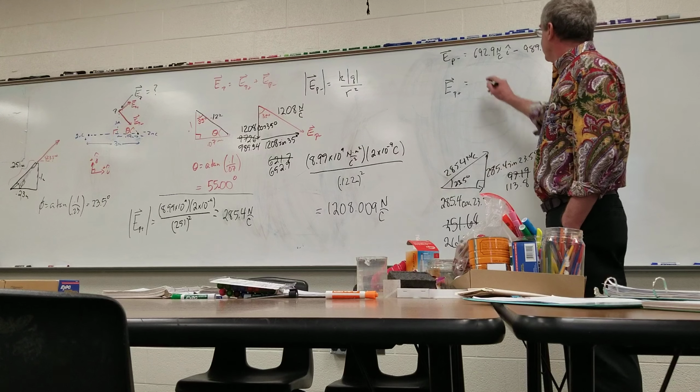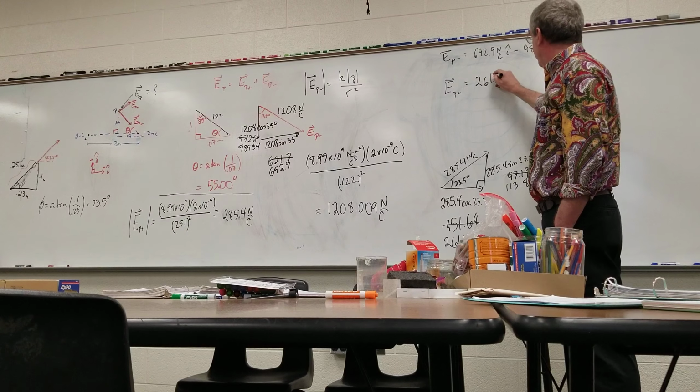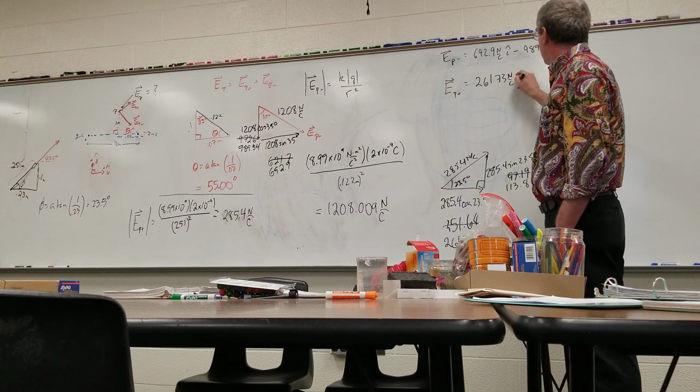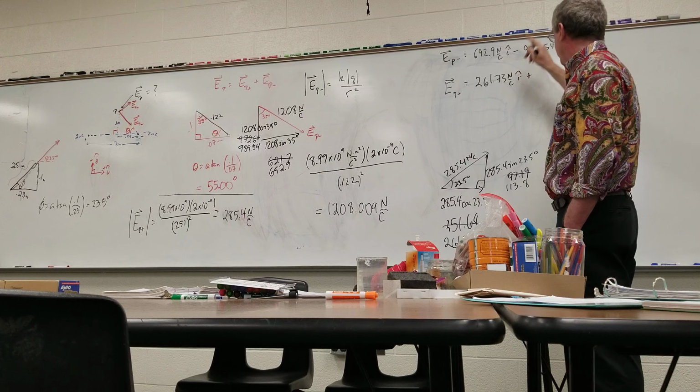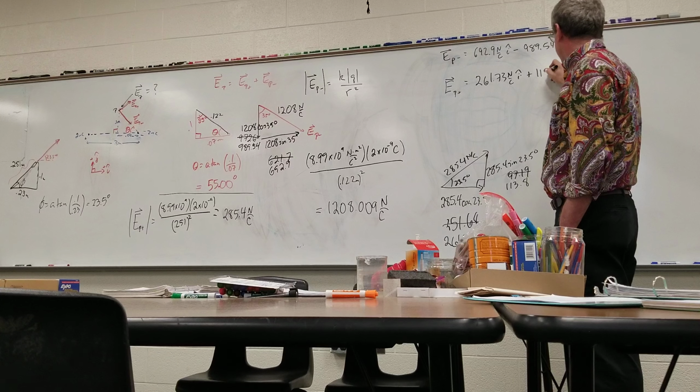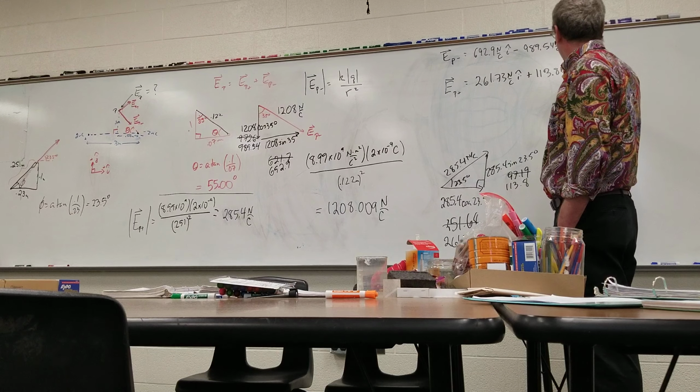So we went to the right 261.73 newtons per coulomb i hat, plus, since we went up, 113.8 newtons per coulomb j hat.